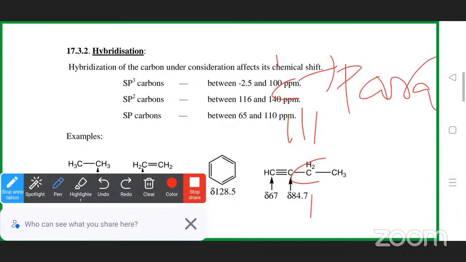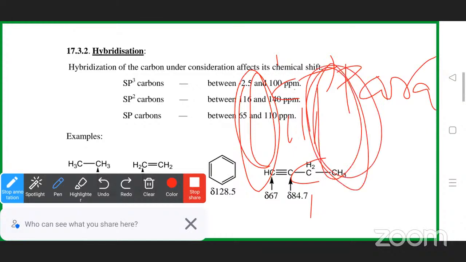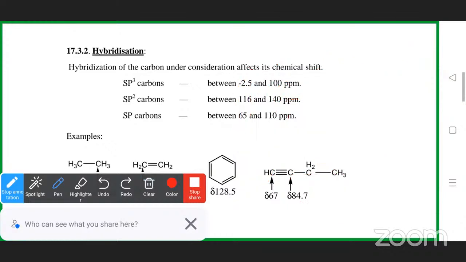Due to this, there is a secondary magnetic field, right? So these two carbons won't experience the diamagnetic field. We call this phenomenon the anisotropic effect, and due to this reason sp2 has higher delta values, 140.